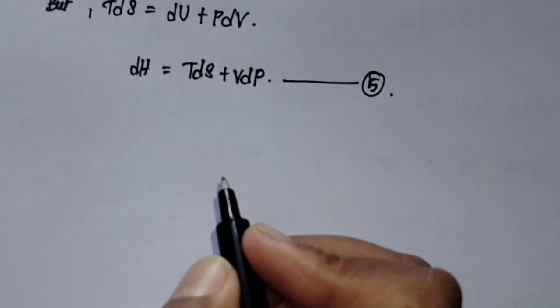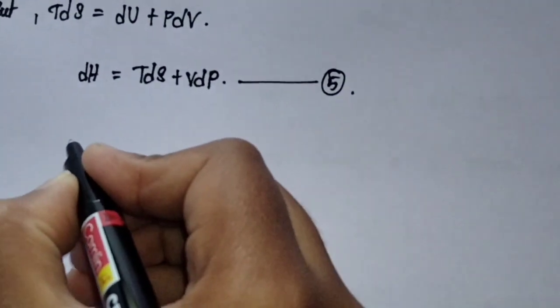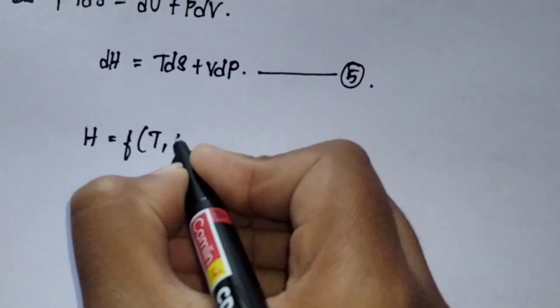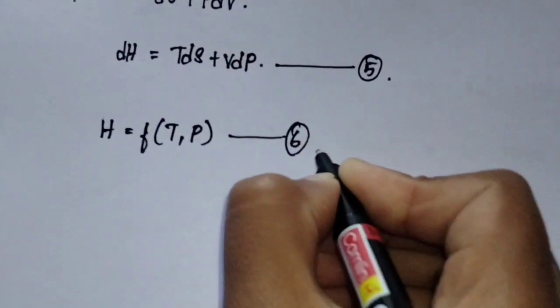The enthalpy is a function of temperature and pressure. So enthalpy H equals a function of temperature and pressure, T and P. So take this as equation number 6.